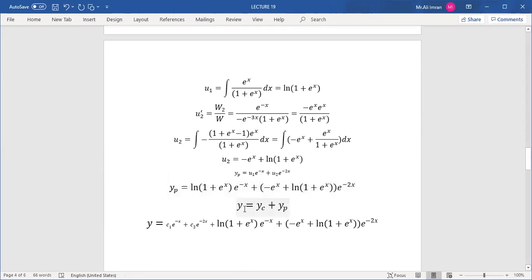And the total solution will be y is equal to yc plus yp. Here yc is the solution of the homogeneous part and yp is the solution of the non-homogeneous part.